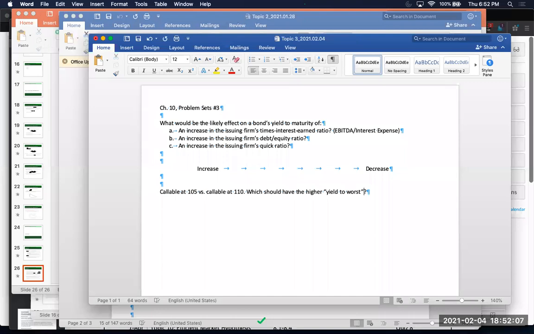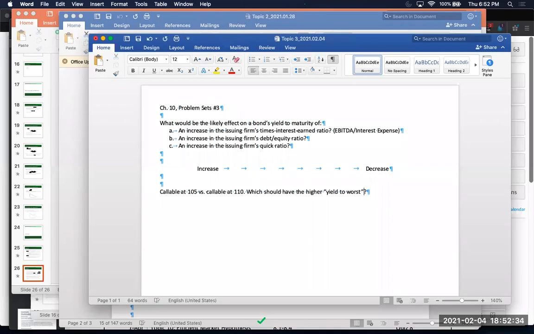So which one should have the higher yield to worst? I would say the 110. The market is going to say essentially, well, it says identical times to maturity and coupon rates.